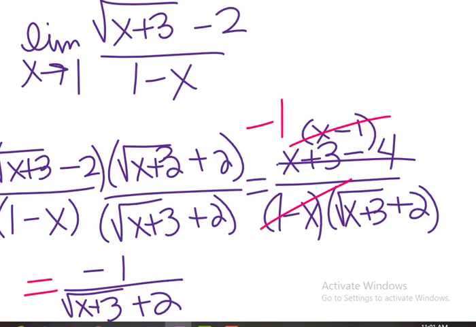Now if you look at the function and remember that we're looking at the limit as x approaches 1, we can put a 1 into this function. And when we do that, I'm just going to replace the function we have with a comparable function. Same values, same graph, it just looks different.